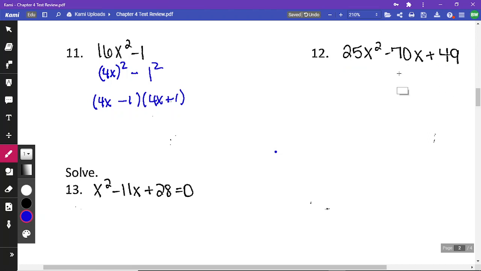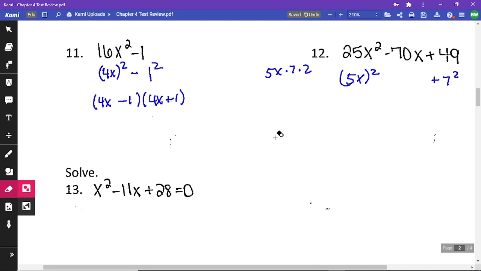So let's write those down as squares. This would be 5x squared, and this one is 7 squared. So we take the 5x, and I'll just do this one over to the side this time. We take that 5x, we take it times 7, and we take that times 2. Just do it over here somewhere in the margin where you have room.